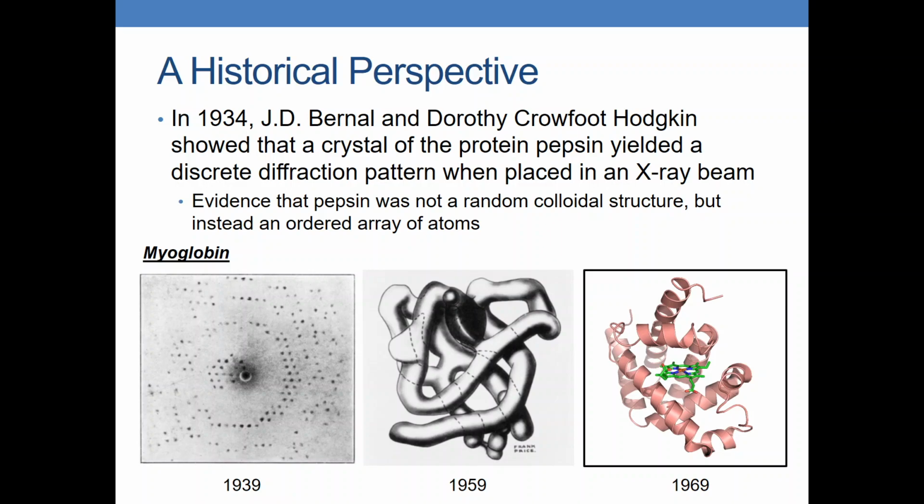Using a method called X-ray crystallography, what you do is basically generate a crystal of your molecule. In this case, we're talking about a protein crystal. This is no different than, say, the salt that you use to season your food.